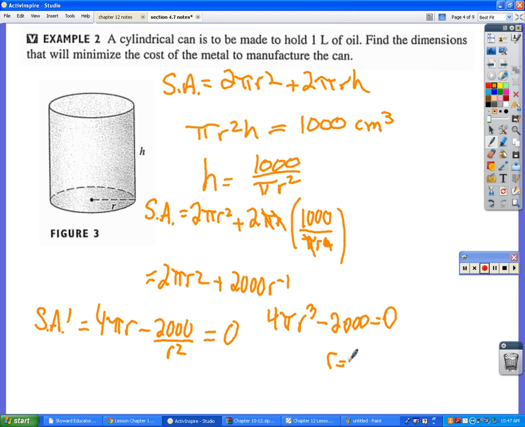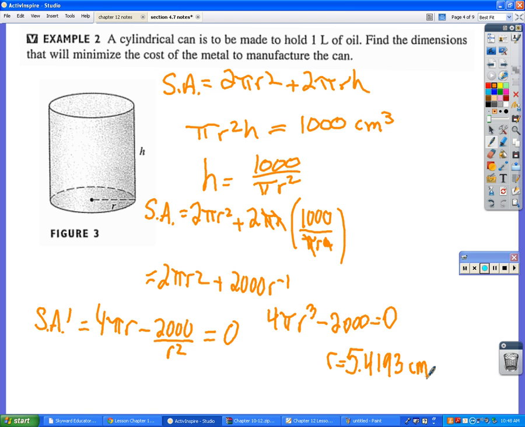What did he get? 5.4193. Yeah. Okay, so that's the radius.